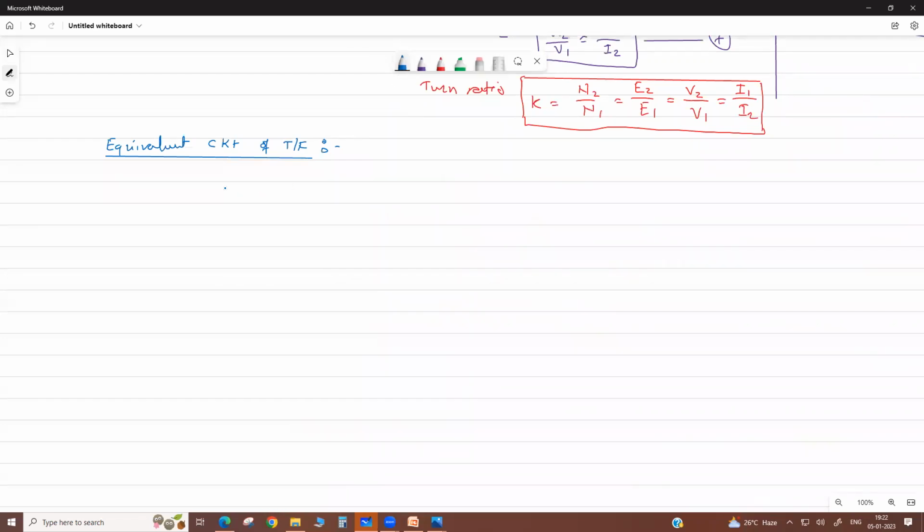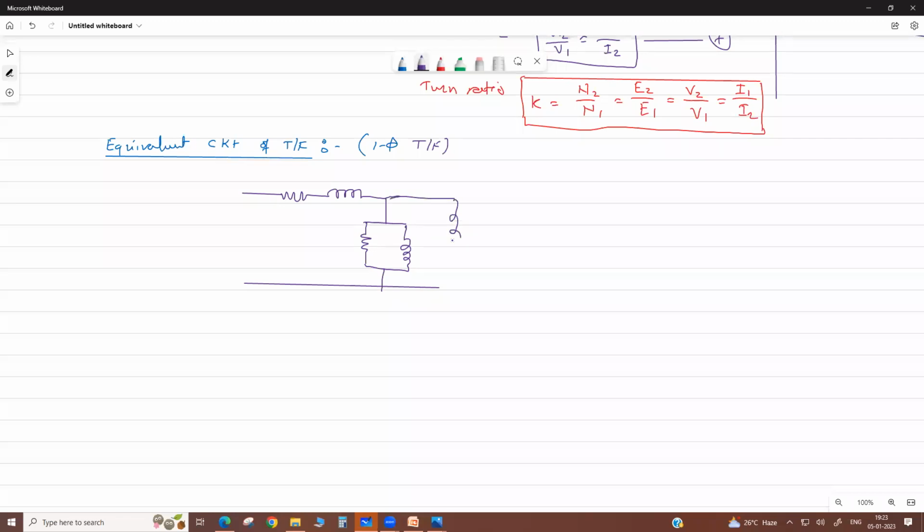So for a single phase transformer, there is a primary resistance, then primary leakage reactance, then the magnetizing branch, which represents the core. This is your primary side.